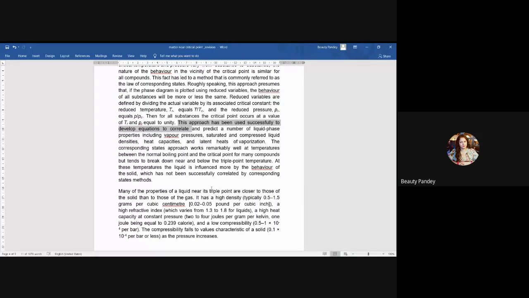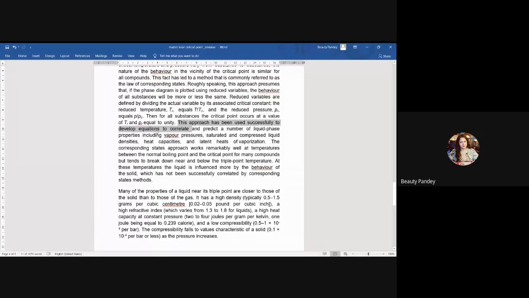However, when the temperature falls to the triple point, this law breaks, and here the liquid has more similarity with that of solid, so this cannot be fulfilled by corresponding state.